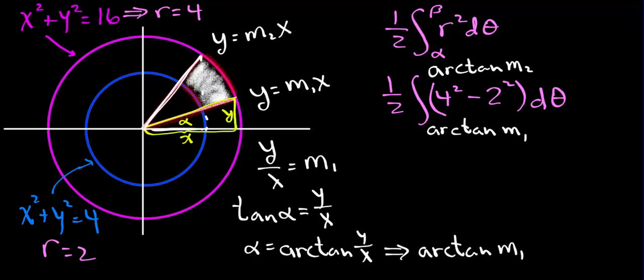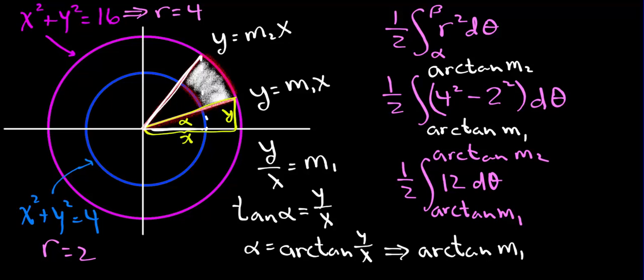There's what we want to integrate: from arctan m1 to arctan m2. So what we end up having is 1/2 times 16 minus 4, that's 12, going from arctan m1, whatever that may be, to arctan m2.